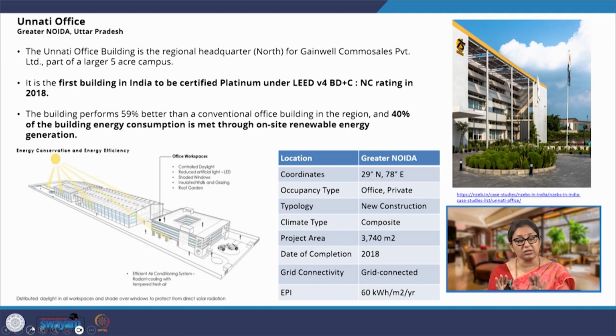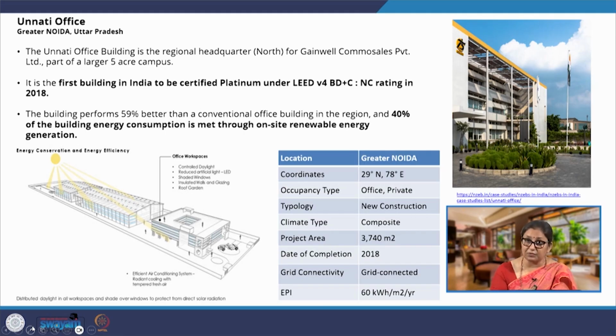Even if we are not aiming for net zero status, we have to follow the same approach. One, reduce the energy consumption, two, produce the remaining. What they have been able to achieve through different strategies, which I will show you now, is that they have reduced the energy consumption by 59% from the conventional buildings baseline.